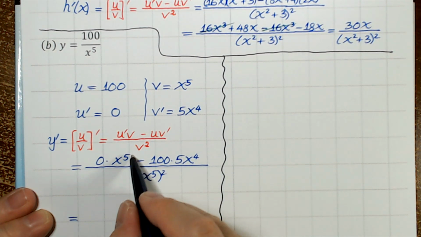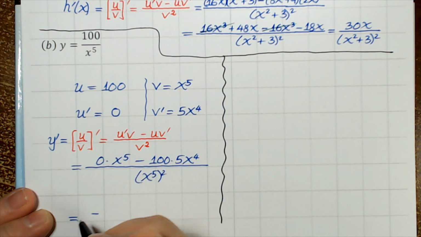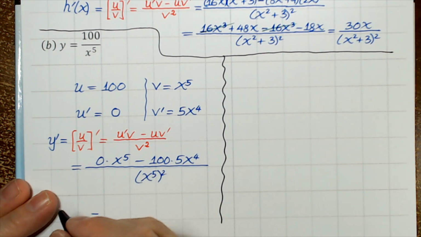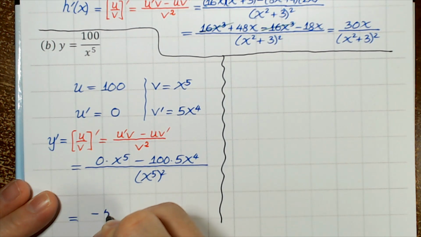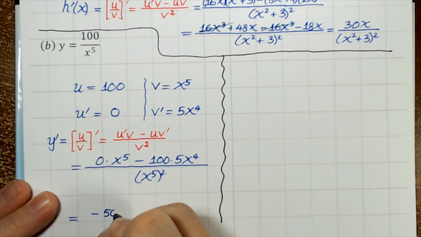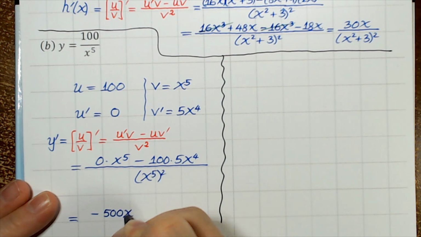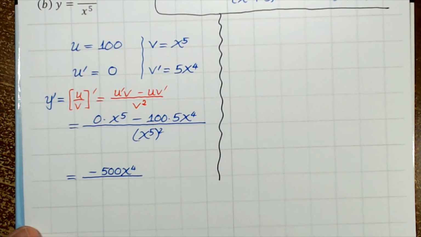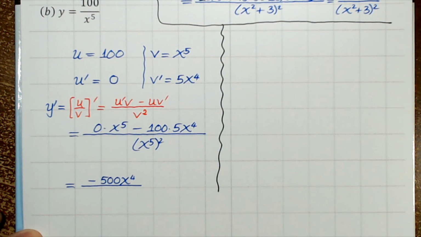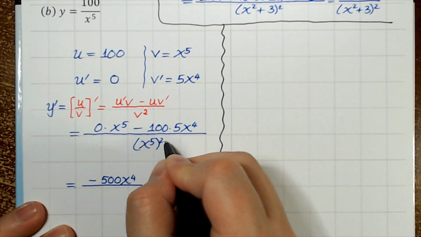So that cancels out, so we have negative 500 x to the fourth, and then x to the fifth squared.